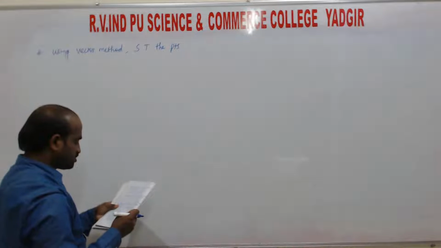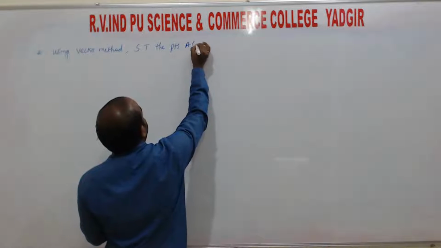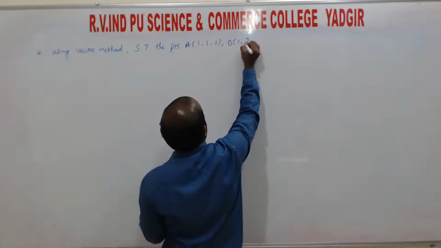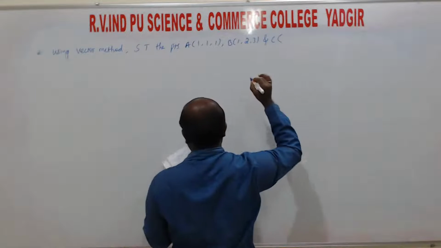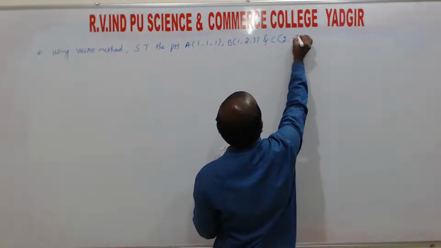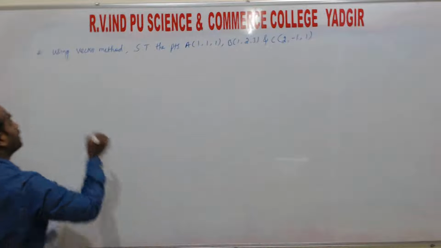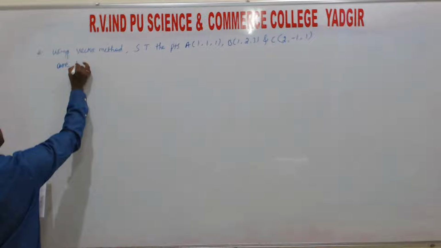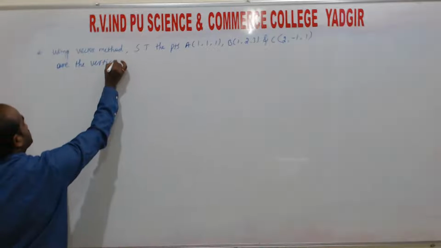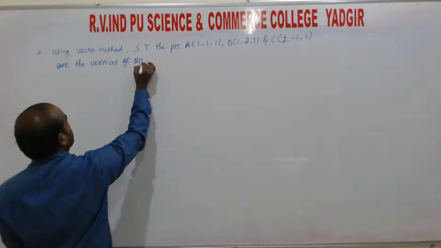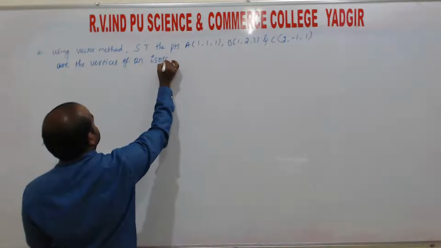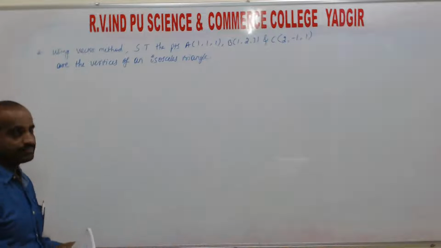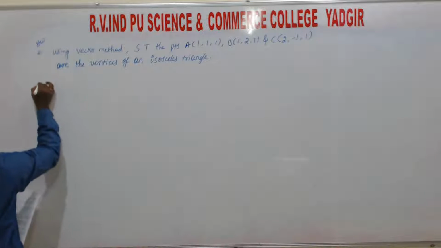Using vector method, show that the points A(1, 1, 1), B(1, 2, 3) and C(2, -1, 1) are the vertices of an isosceles triangle.